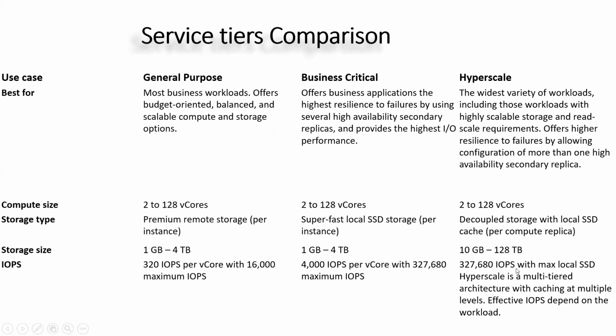Hyperscale is a multi-tenant architecture with caching at multiple levels, so it supports even more IOPS than that. Here it starts with 4,000 versus 320 IOPS. That's why Hyperscale is very fast.